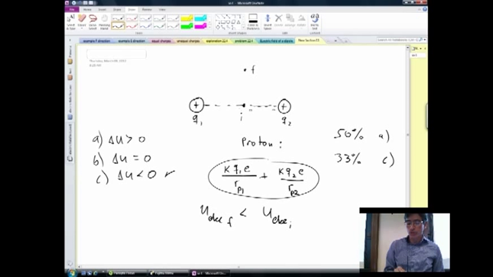Because the electric field of 1 and 2, if you're not right at the middle point but a little above, points up, right? So that proton will be pushed in that direction. So the proton's motion will always be from high potential energy to low potential energy. All right? So that tells you that the final potential energy should be less than the initial potential energy, because that's the direction in which the proton will move by itself. Okay?